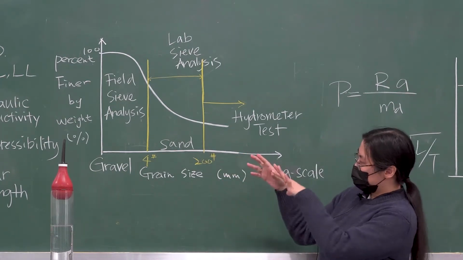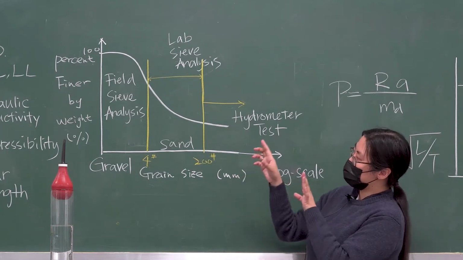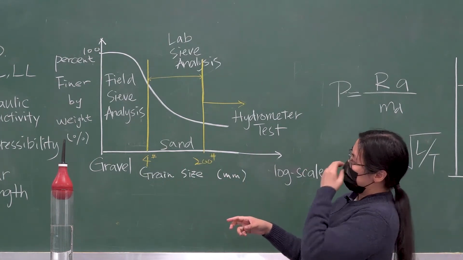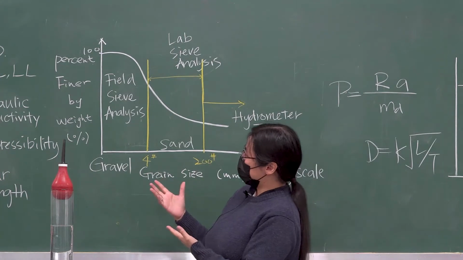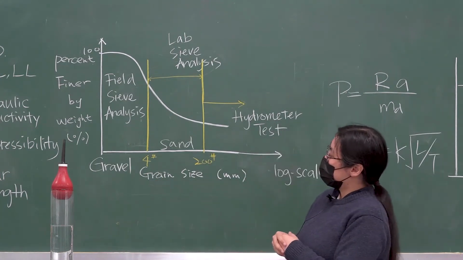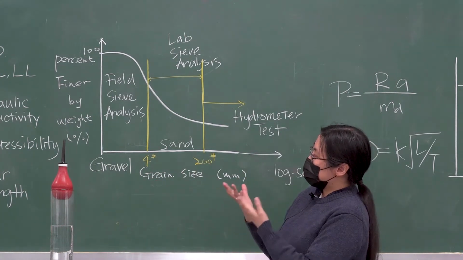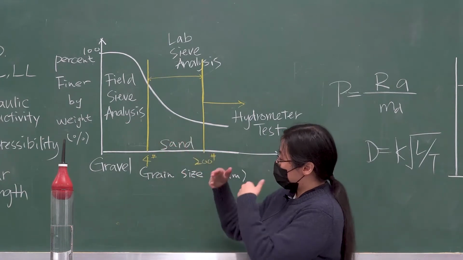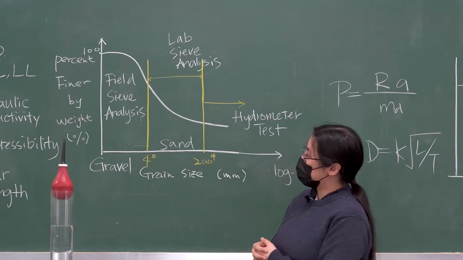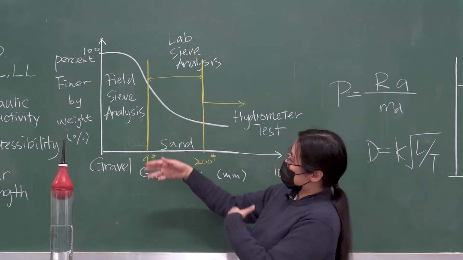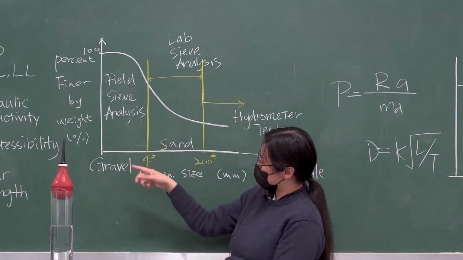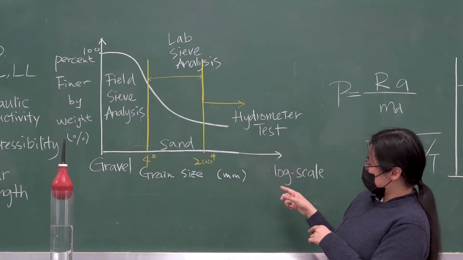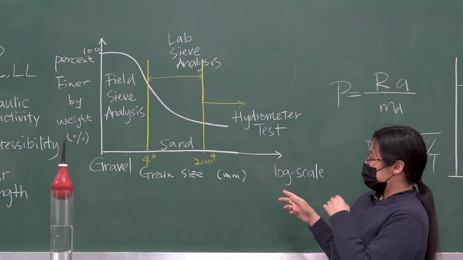If you look at the axes, the y-axis is the percent finer by weight. So how many particles are finer than a particular sieve? The percentage of which is indicated on the y-axis. On the x-axis is the particle size itself.